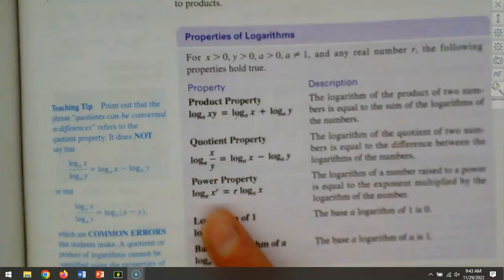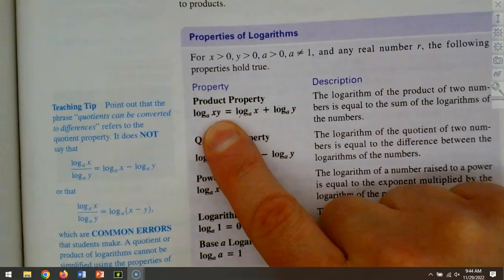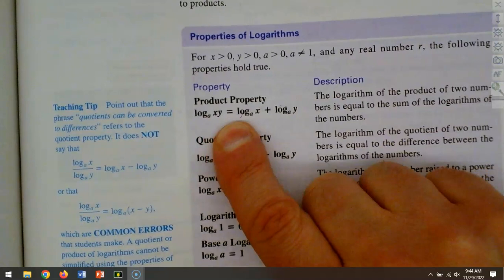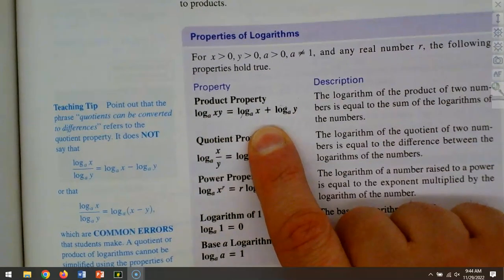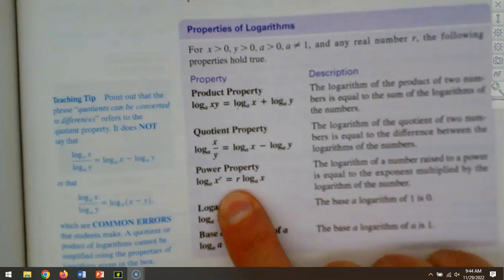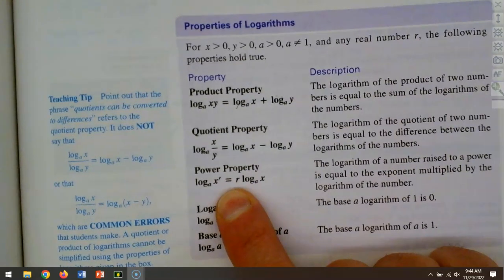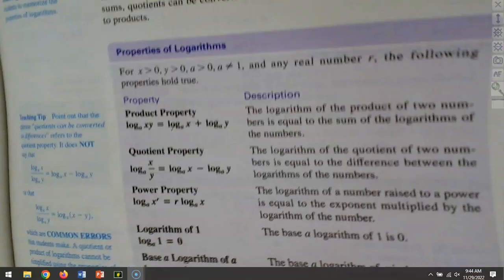We're going to look at these properties. The first property says that if I have multiplication, I can split it up into addition. And then we're also going to be using our power rule, which says powers can come down. So we're going to break these up into separate logarithms.